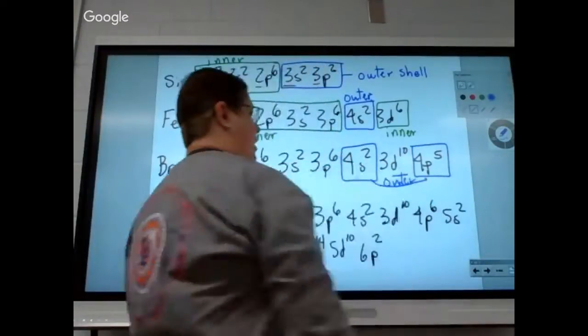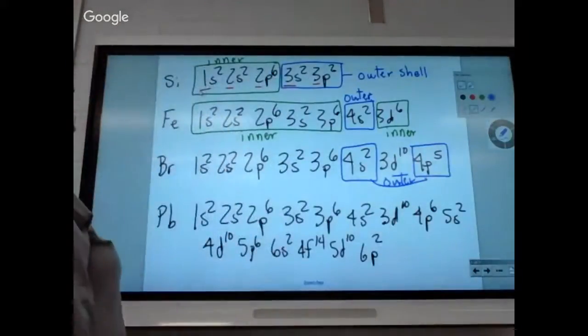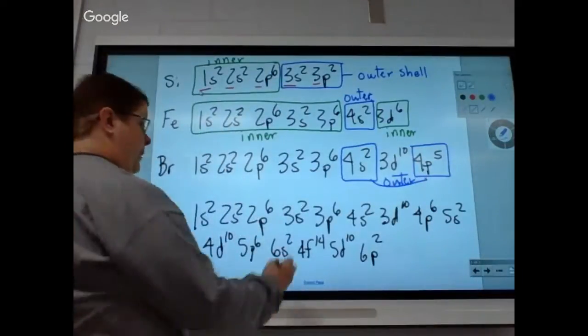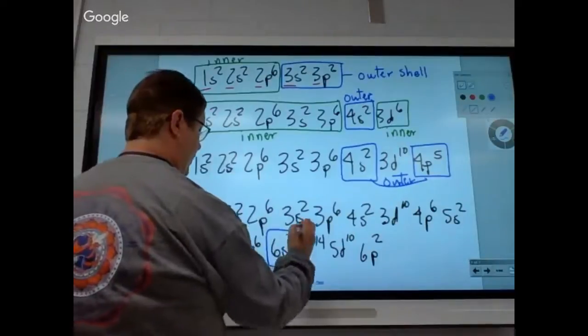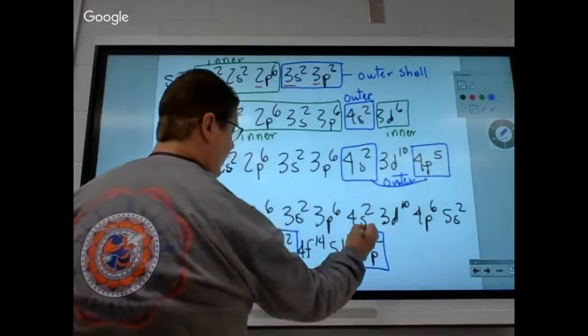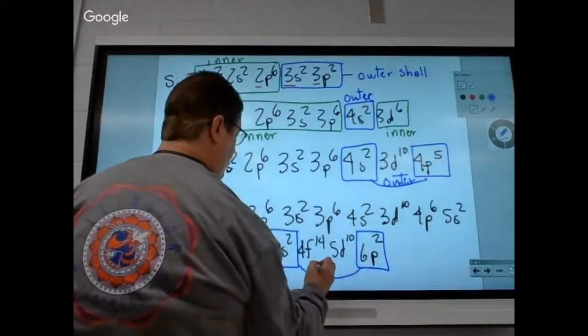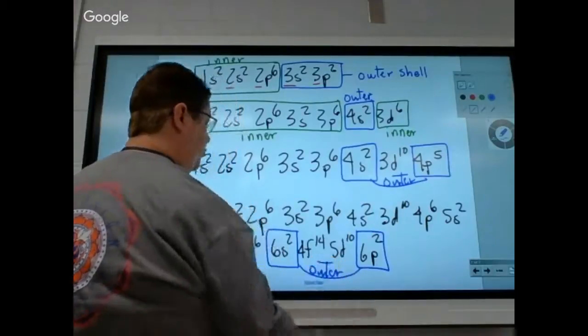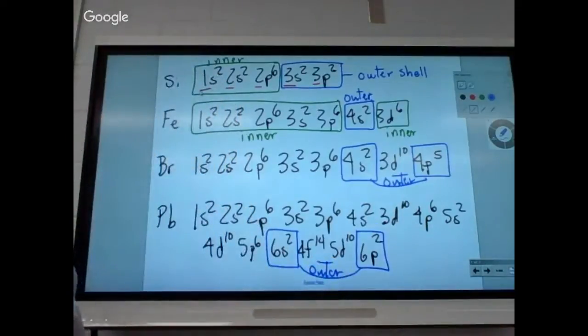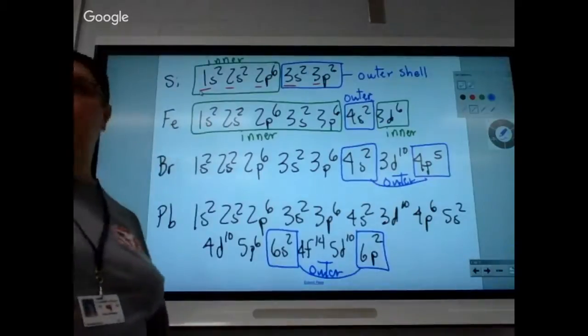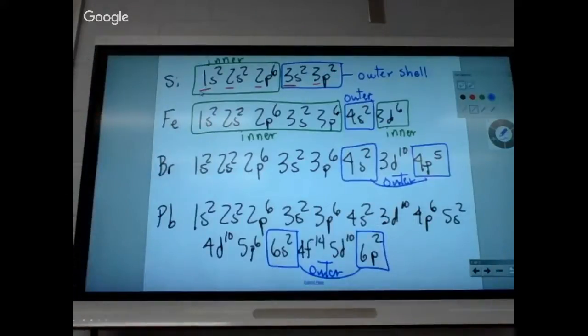And what's your outer shell in lead? Yep. There's one there, and there's one there. And in both of those, you will notice that there's inner shells smushed between the outer shells. They're split between some inner shells. Does everybody see that?